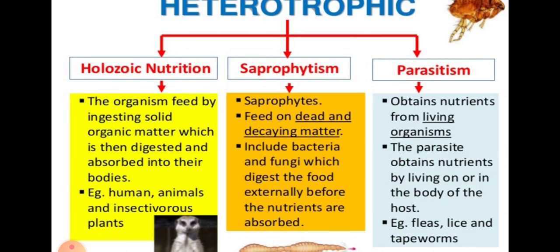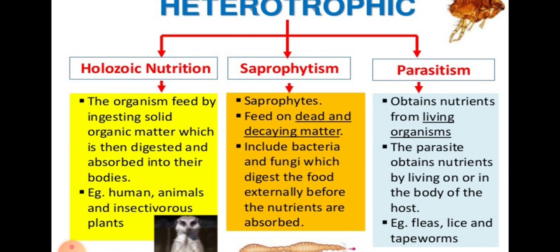In heterotrophic mode of nutrition, the first subdivision is Holozoic nutrition. In Holozoic, the organisms feed by ingesting solid organic matter, which is then digested and absorbed into their body. Means those organisms which take in solid food, for example the human body takes solid and liquid food, and animals and also insectivorous plants.